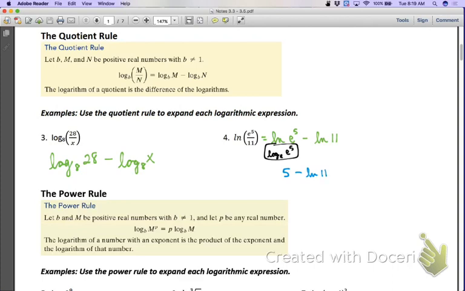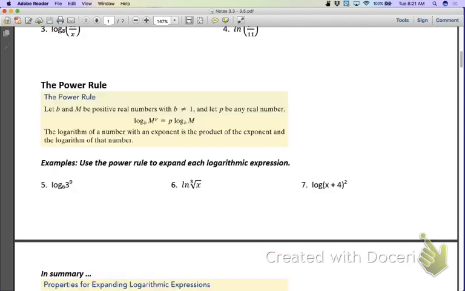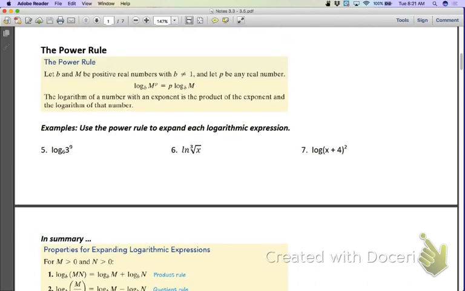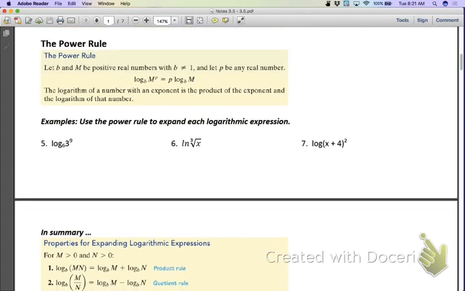Then the last one in terms of expanding is what's called the power rule. Basically, if you have anything to a power, all you're going to do is take the power and move it to the front. Nothing else changes unless it can simplify.